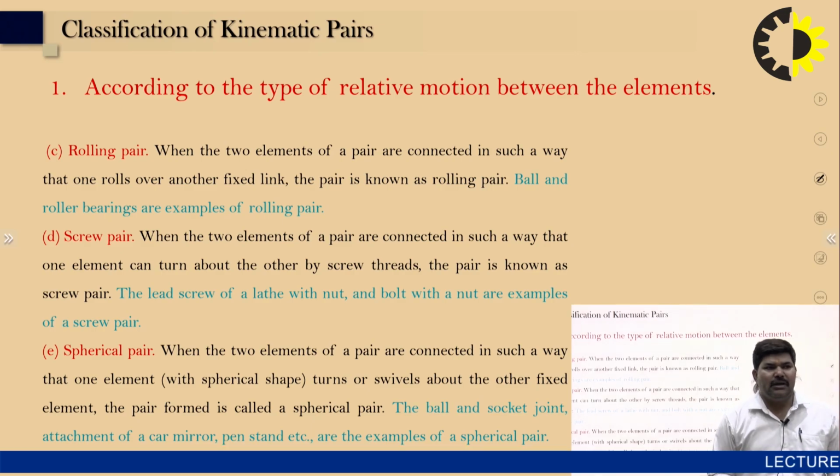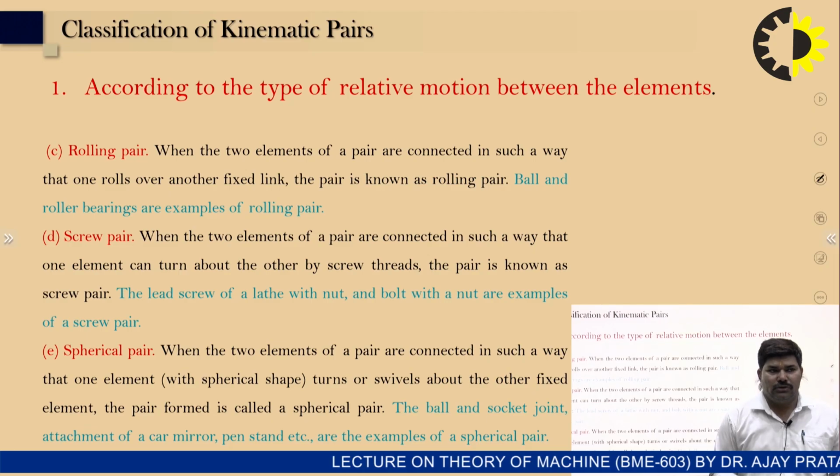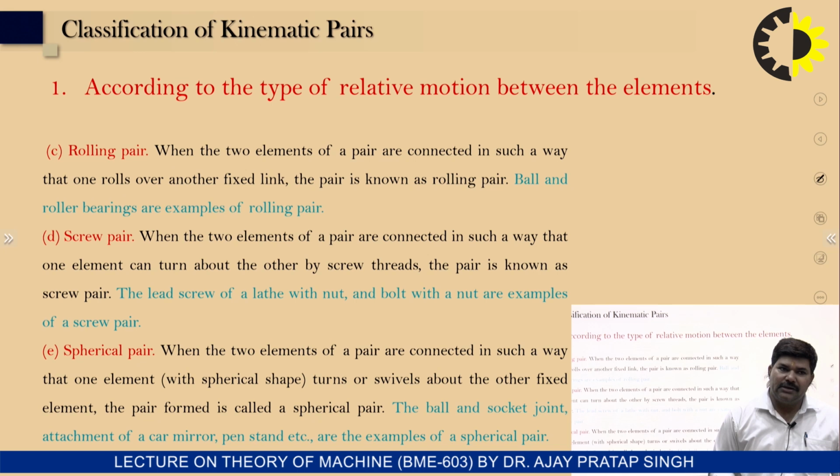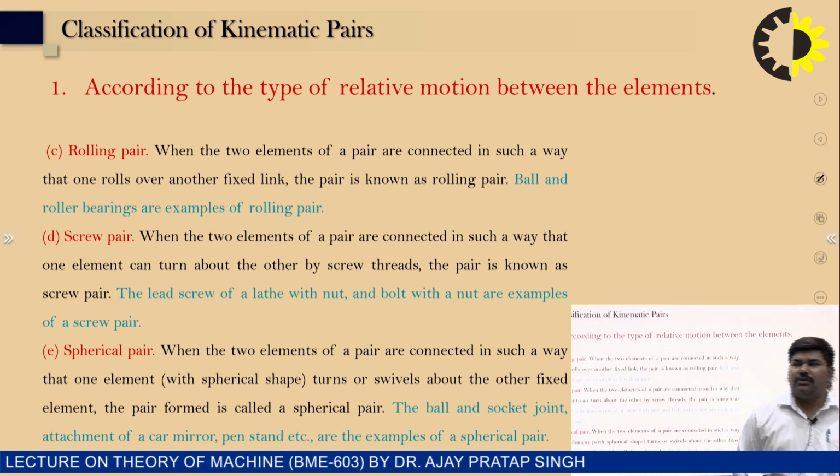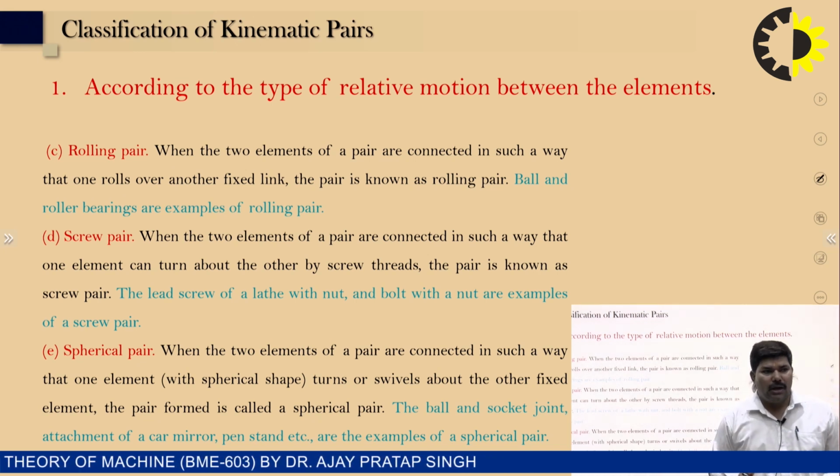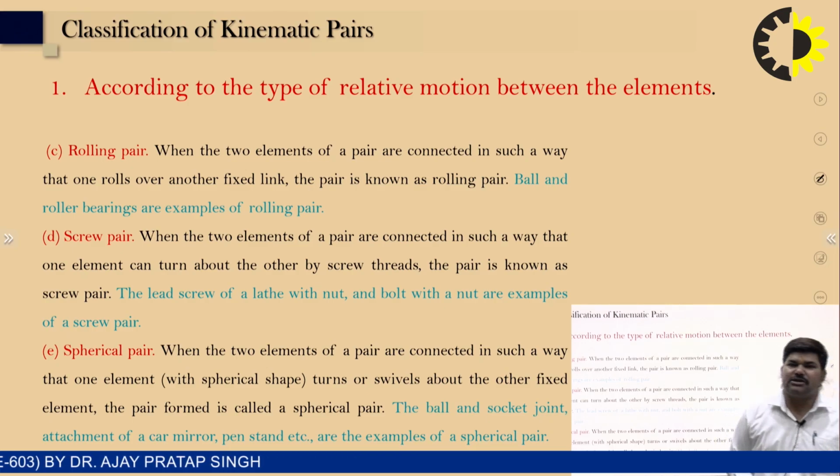Then the screw pair: when the two elements are connected in such a way that one element can turn about the other by screw threads, the pair is known as the screw pair. The lead screw of a lathe with nut, or a nut and bolt, is an example of the screw pair.